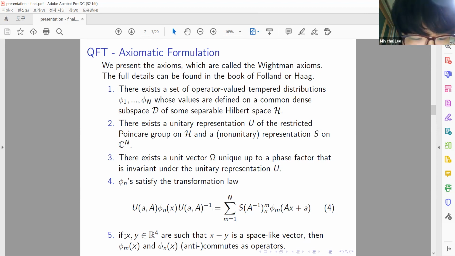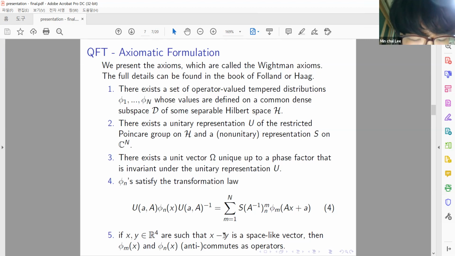And if x and y in R^4 are such that x minus y is a spacelike vector, then all phi_m and phi_n commute or anti-commute as operators.